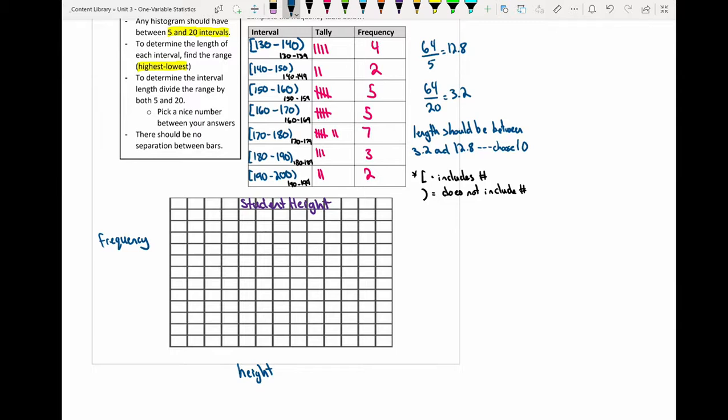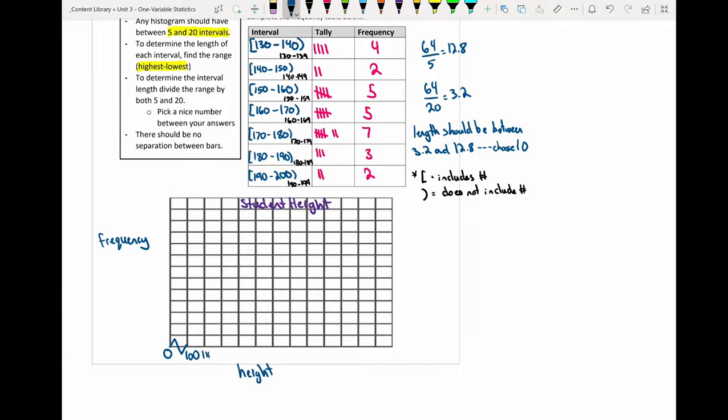We can see that our interval doesn't start until 130. So we can use a break to show that we're skipping from 0 up to 100.